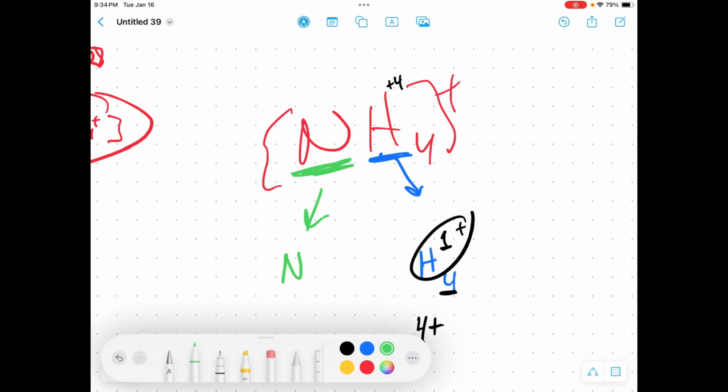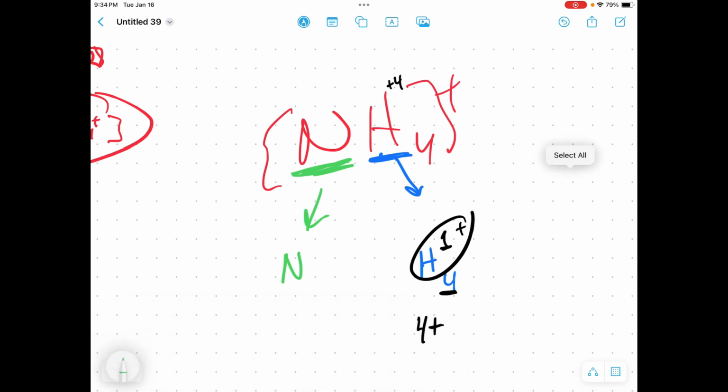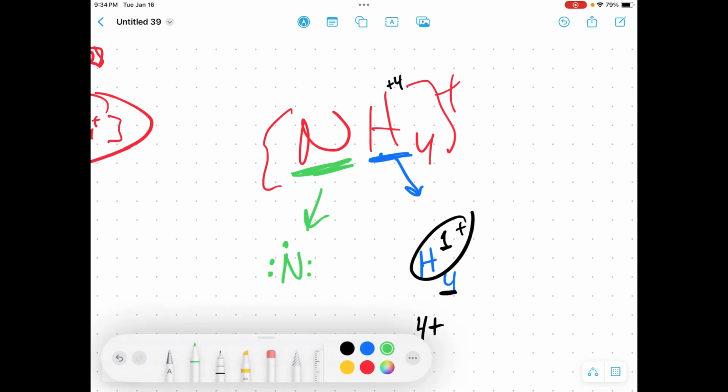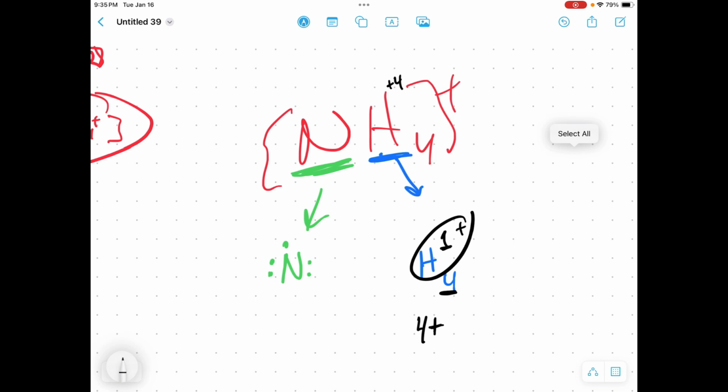Well, my nitrogen, on the other hand, is going to have those 5 valence electrons, right? So now I need to figure out how many electrons nitrogen is getting when it bonds with this hydrogen. Well, I know I need to end with a positive 1 charge. If I already have positive 4, then I'm just going to say nitrogen is going to be negative 3.